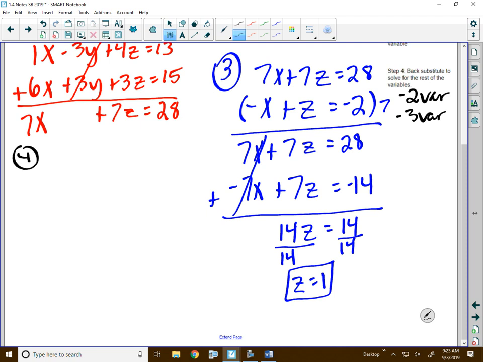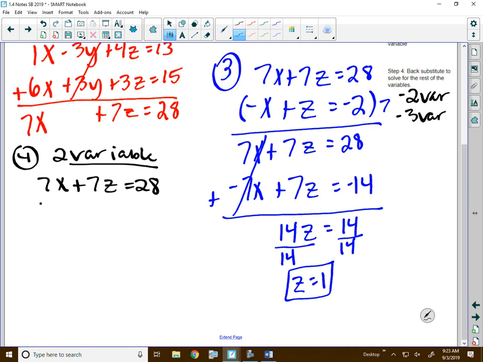Okay, so for step 4. Here's our 2 variable substitution. It doesn't matter which equation you use, but you need to use one of the 2 equations that you got from steps 1 and 2. So I'm just going to use this one since it's right here. I'm going to take one of those 2 variable equations and plug in the variable that I already got.